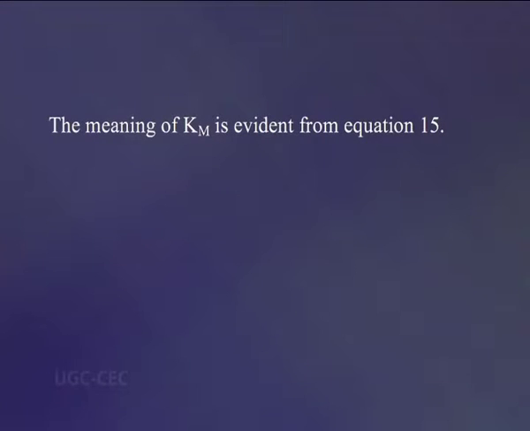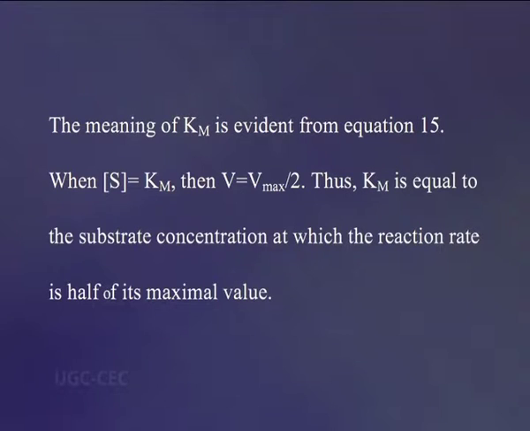The meaning of Km is evident from equation 15. When S equals Km, then V equals Vmax by 2. Thus, Km is equal to the substrate concentration at which the reaction rate is half of its maximum value.